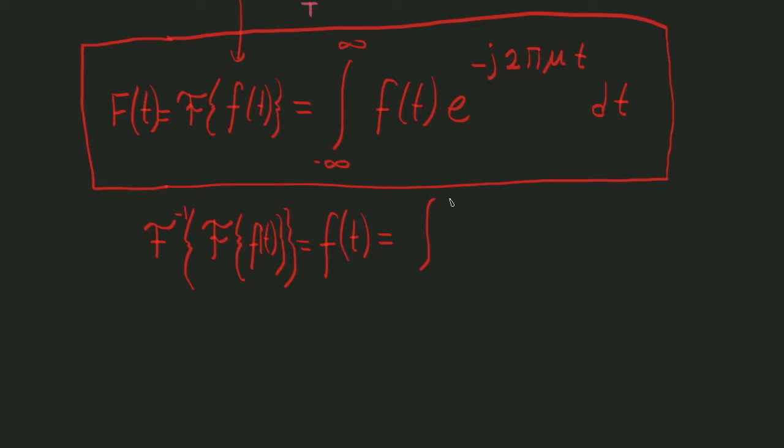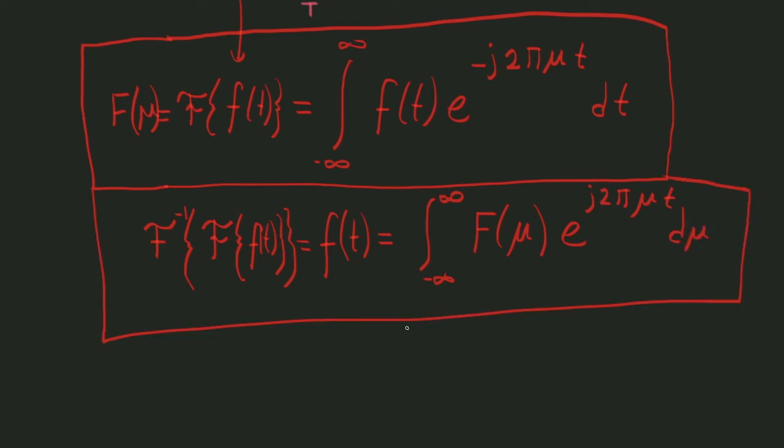So this integration becomes from minus infinity to plus infinity of F of mu, which is the Fourier transform of f of t, times e to the plus j 2 pi mu times t. But this time we are taking the integral over mu. And this is the Fourier transform pair for continuous time signals.